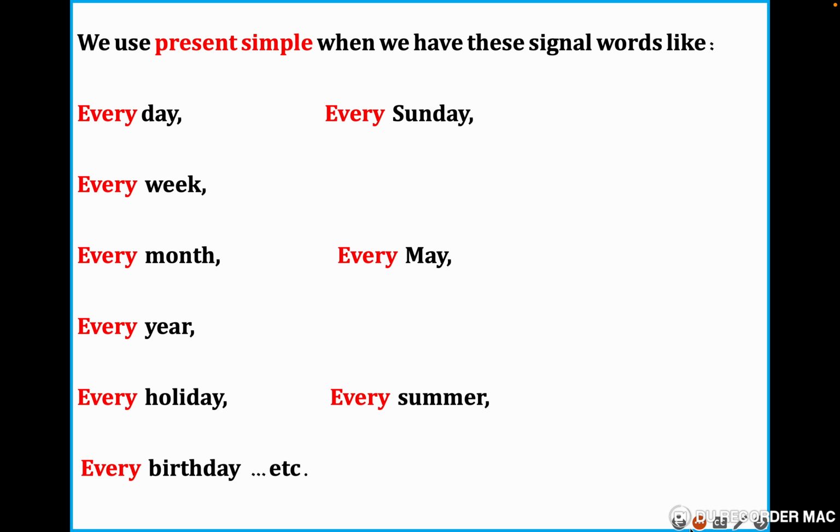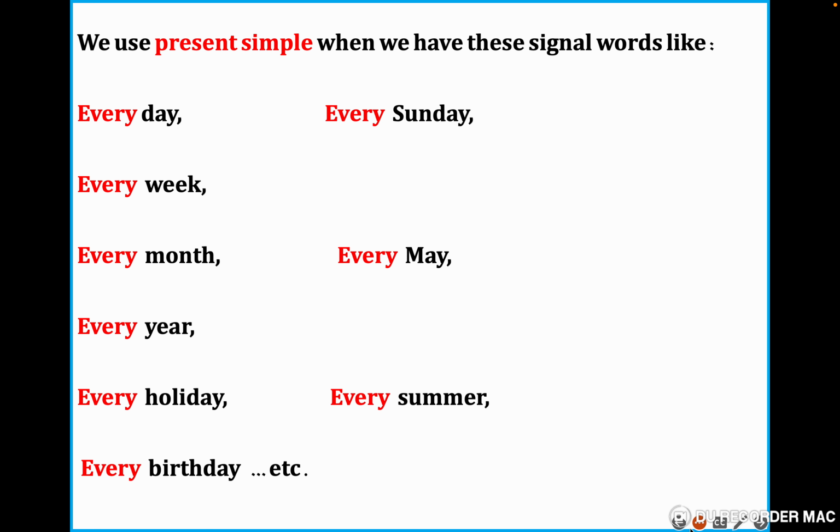Let's repeat after me this rule. We use present simple when we have these signal words like every day, every Sunday, every Monday, every Tuesday, every Wednesday, every Thursday, every Saturday. So all the days of the week, when we have every, we must use present simple.